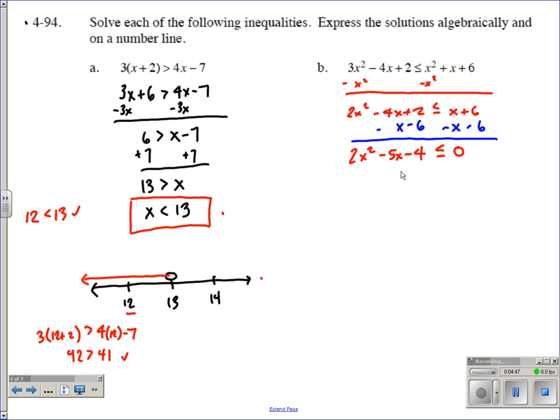Our next step would be to solve this by factoring if possible. And I already know that this will not work with factoring. So if factoring does not work, we can go ahead and try our quadratic formula.